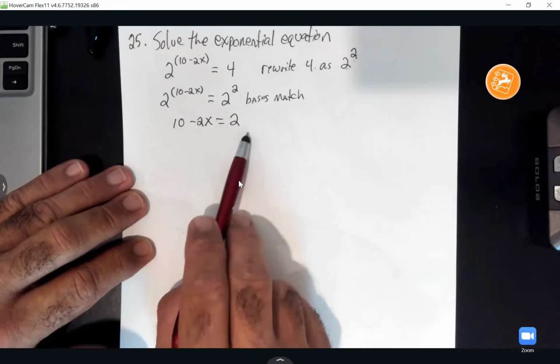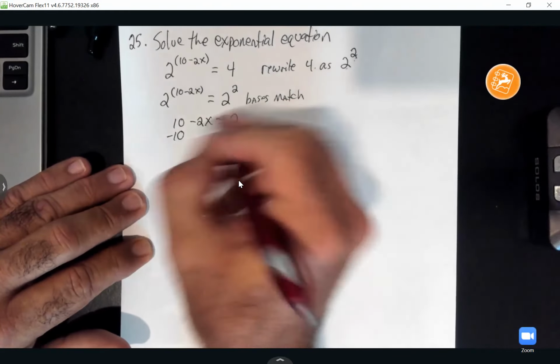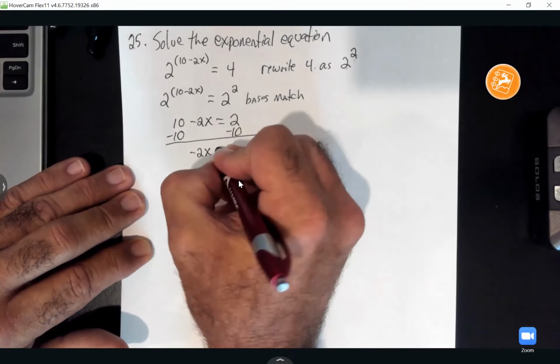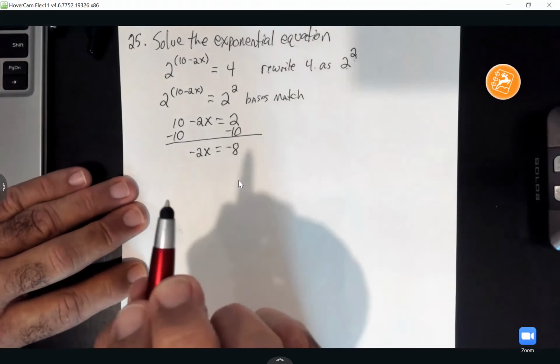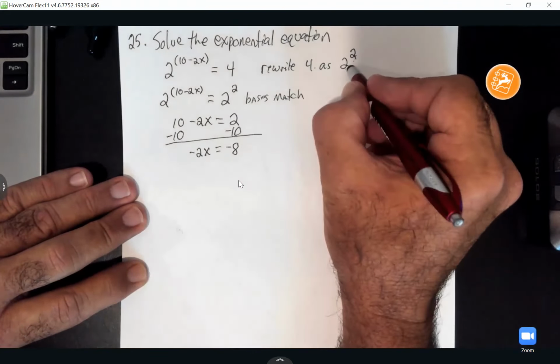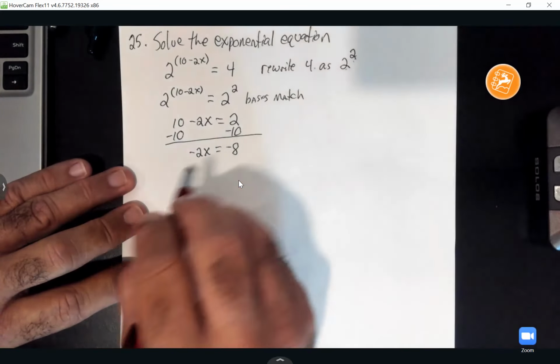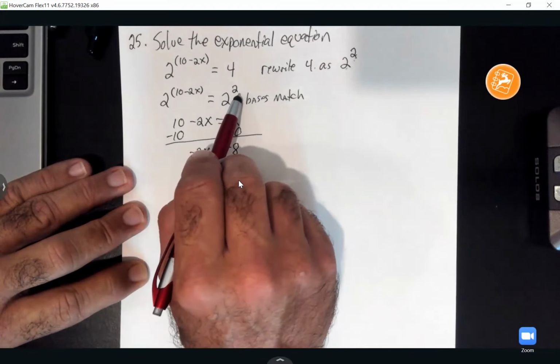So we'll subtract our 10 from both sides. Where'd you get the 2? You said equals 2, so would you just do the base and not the exponent? Well, that 2 was because I had an exponent 2 over here.